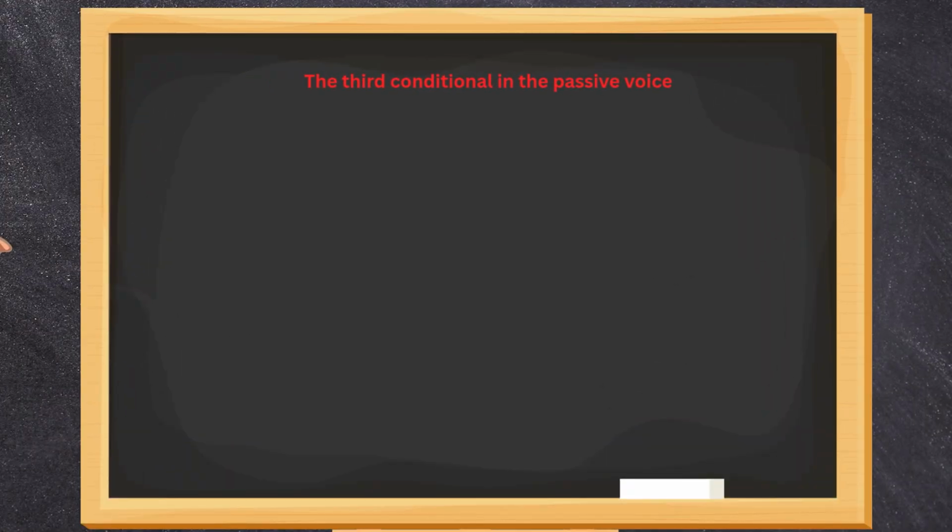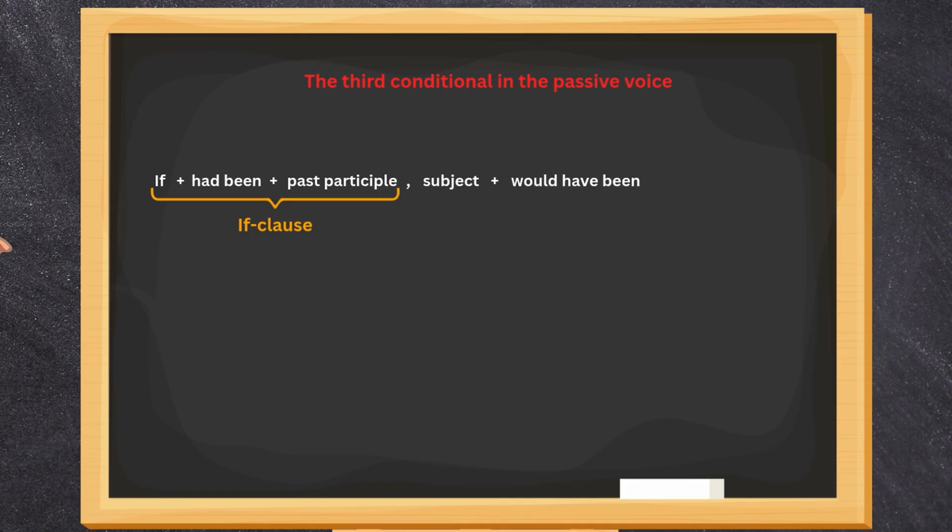The structure is if plus had been plus past participle in the if clause, then a comma, and then the subject plus would have been plus past participle in the main clause.